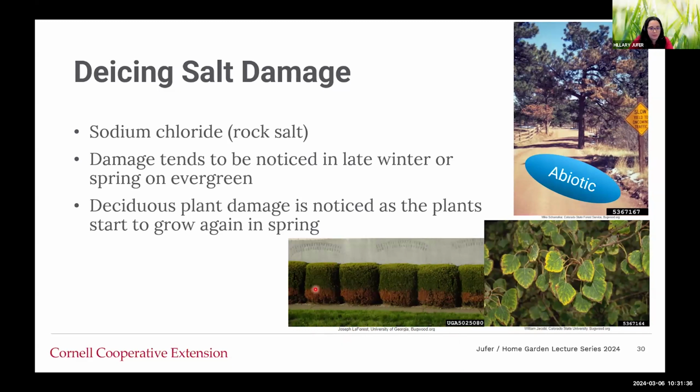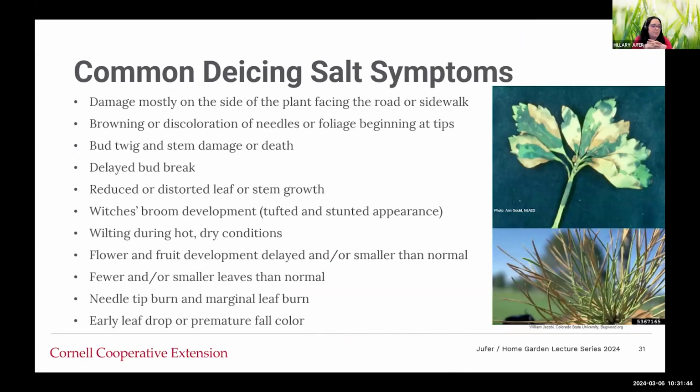So I have the list of symptoms, but you can kind of start to guess what I'm going to say about what the symptoms may be. The damage is mostly on the side of the plant facing the road or sidewalk, because that's where the salt's coming from. Browning or discoloration of needles or foliage beginning at the tips.